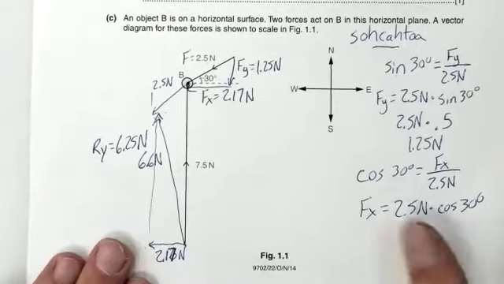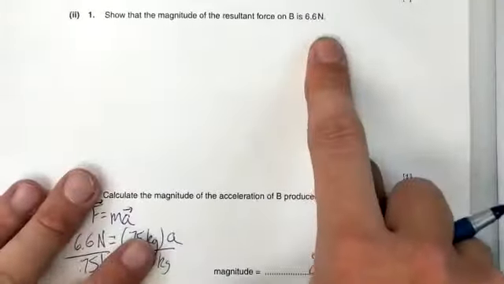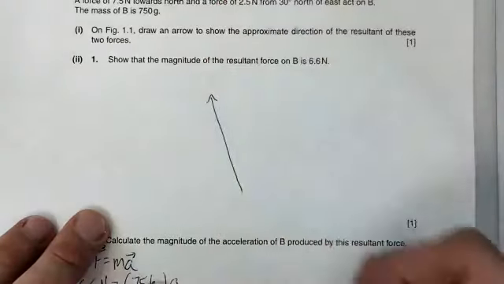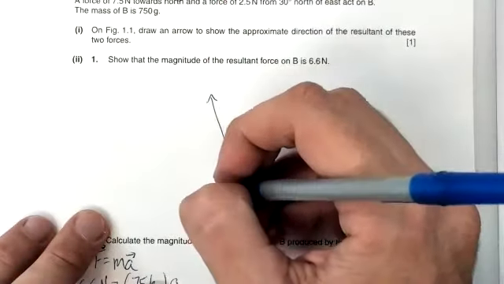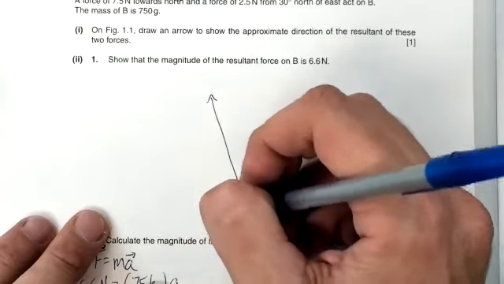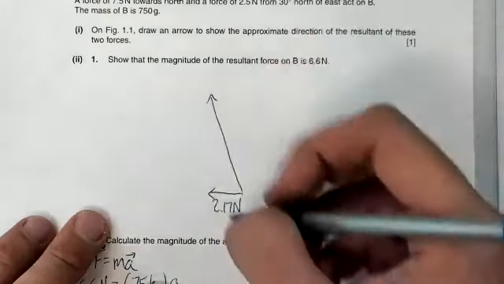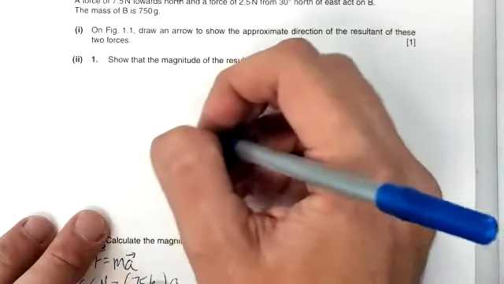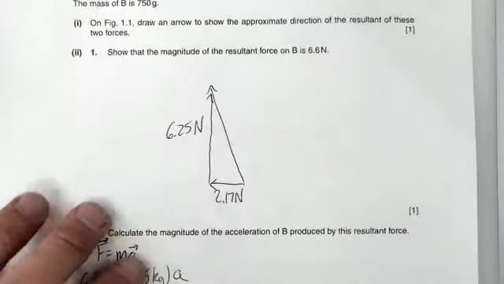I'm going to rewrite all of this right here, where it says to show that the force is 6.6. So remember, I said here was my resultant. It was made of a component 2.17 newtons west from the 2.5 newton force. It was composed of a 6.25 north force.